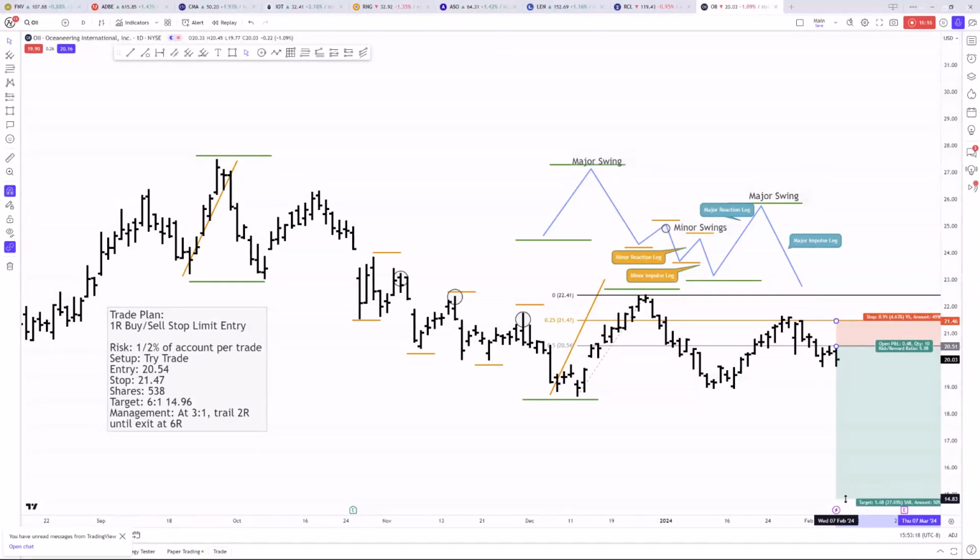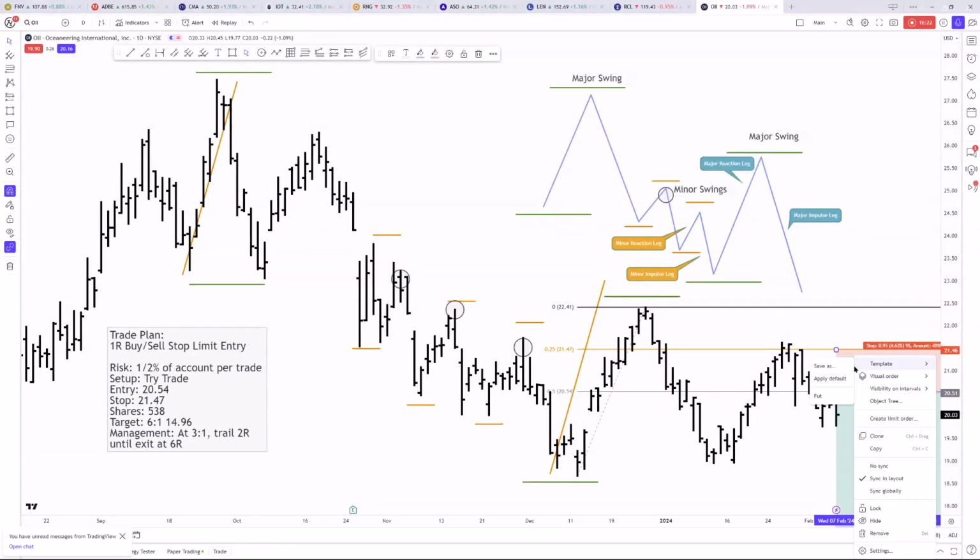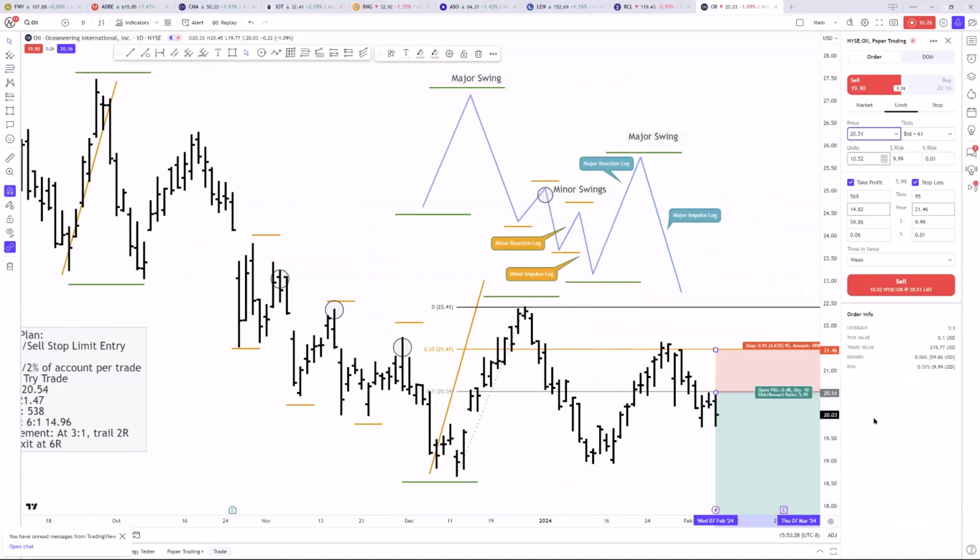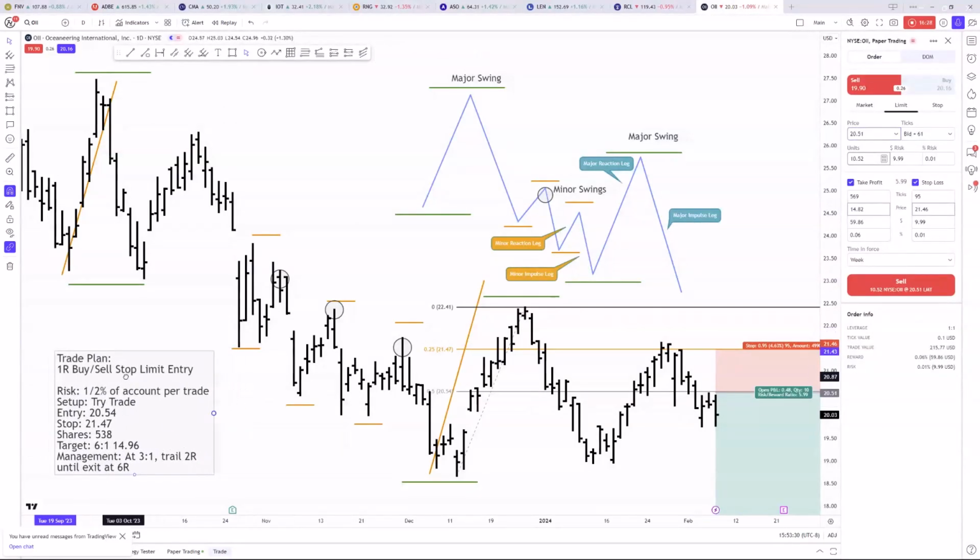Looks way down there, don't it? Okay. And then we can just create a limit order out of this and double check everything. So we're going to sell limit at 20.54.